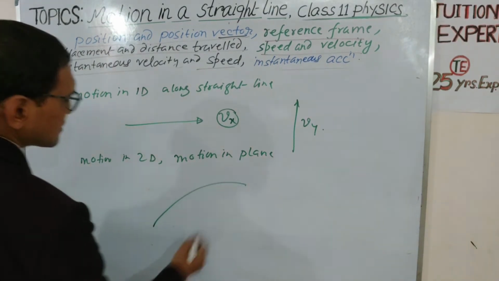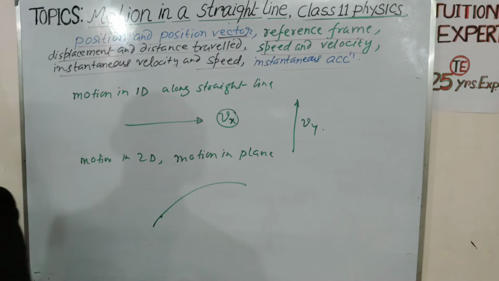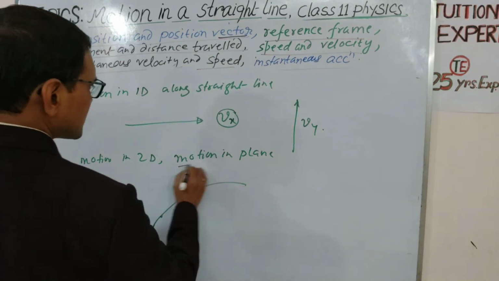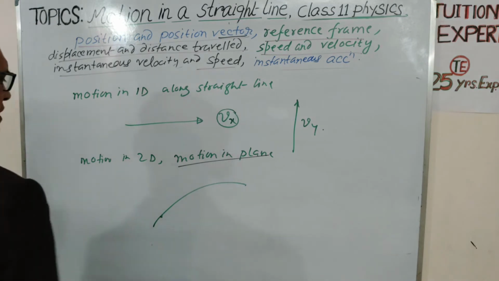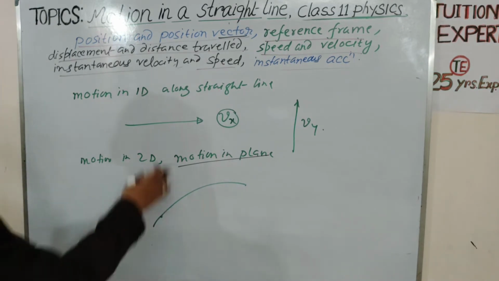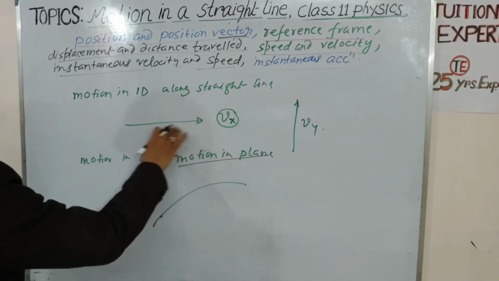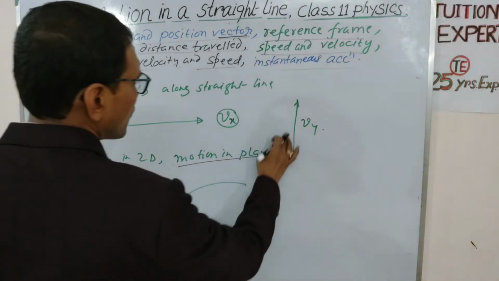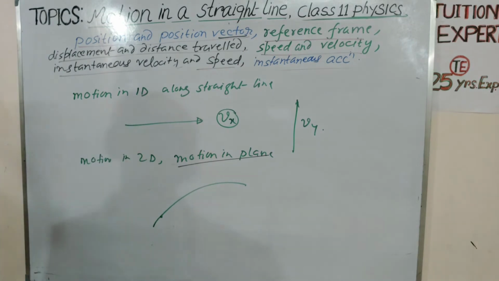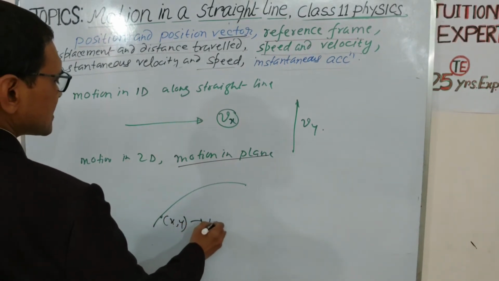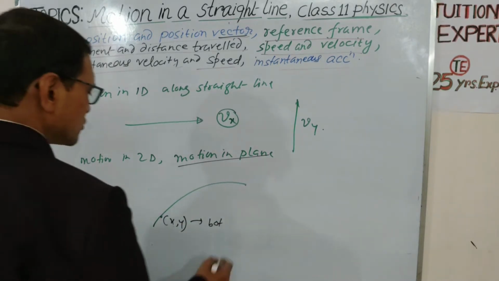Suppose the particle moves in this way. This is motion in a plane, motion in 2D, where x and y both change. Motion in 1D means only one coordinate changes, that is x changes, or only y changes. And if both coordinates x and y change, then it is motion in a plane or motion in 2D.